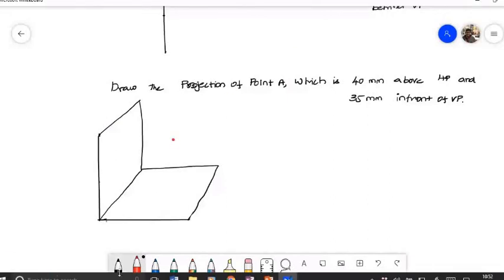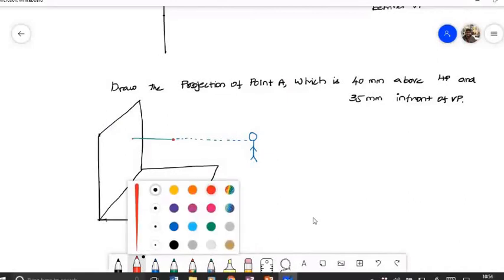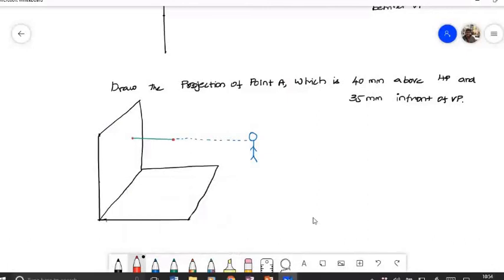Okay. And so let's take the position of the observer. When an observer sees from here, his visual ray will track the point something like this, and with the help of the projector, the point will be projected on the vertical plane. Then for the top view, he will be moving here, right?